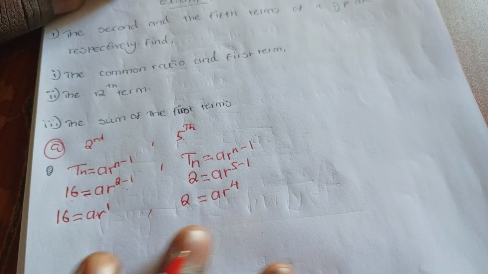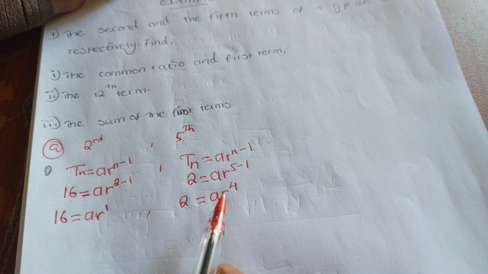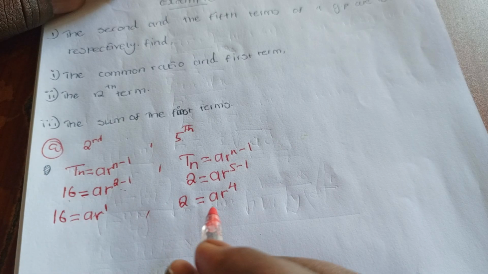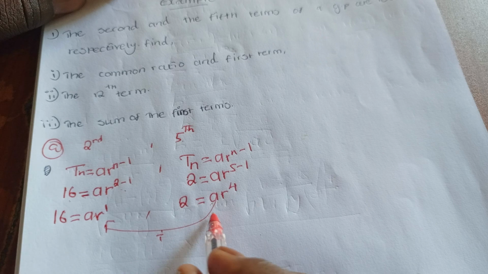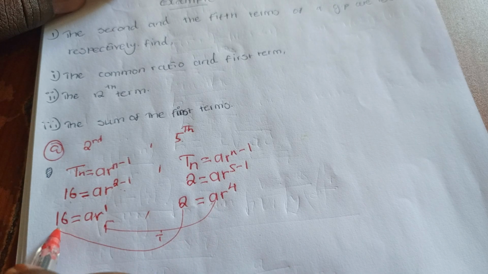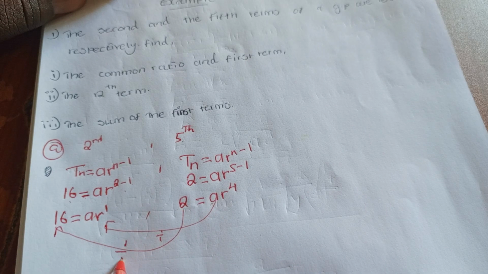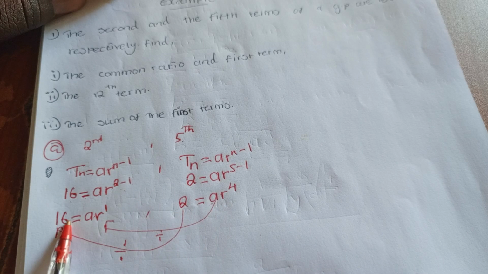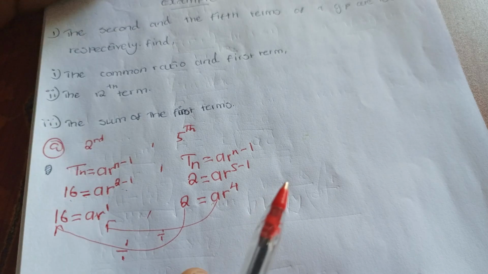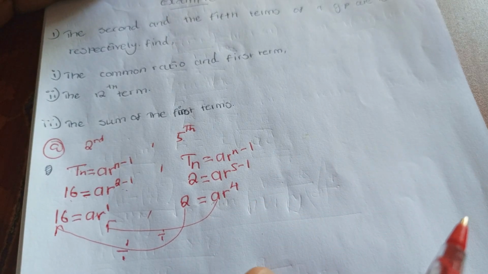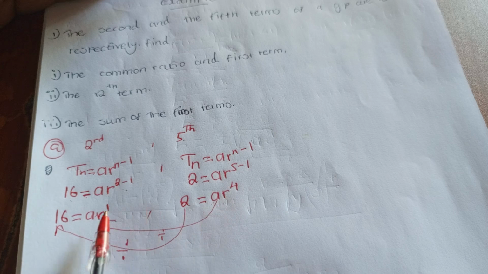Now I'll simplify the expression. Start with this part divided by this part. Always, with this type of question, you apply this concept: this part over this part.